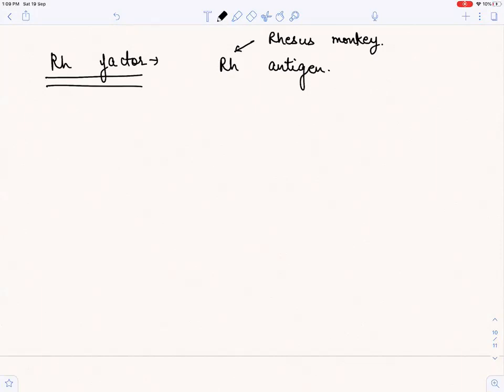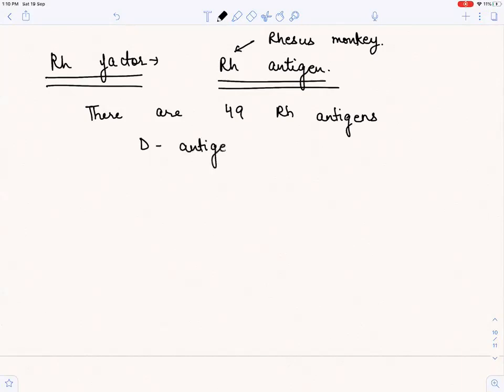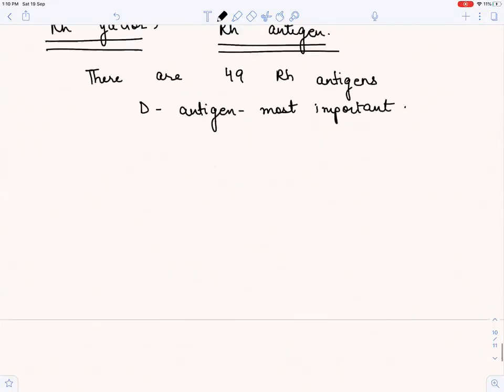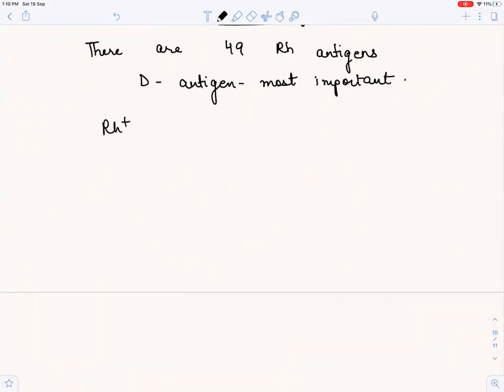Rh factor is due to the presence of Rh antigen, and there are 49 Rh antigens, but the most important one is D antigen. Rh positive or Rh negative is due to the presence or absence of this D antigen.